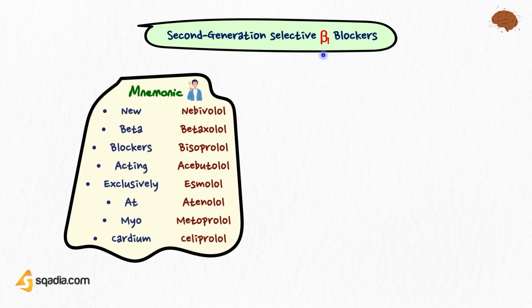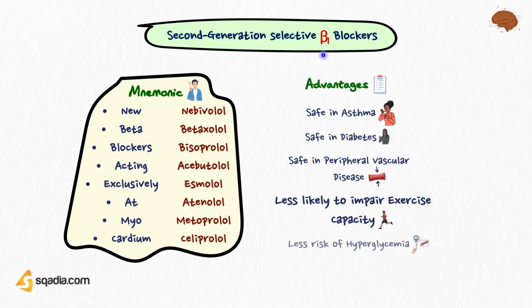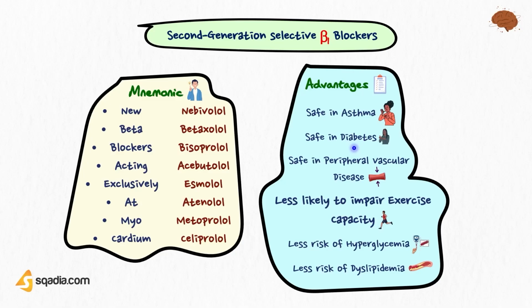Now, the beta-1 blockers have some advantages over non-selective beta blockers. They are safe in diabetes. Beta-2 receptor blockade can decrease the chances of reversal in hypoglycemia. The advantage of selective beta-1 blockers is they only act on beta-1 and they don't mask hypoglycemia-related symptoms. Next is safe in peripheral vascular disease.